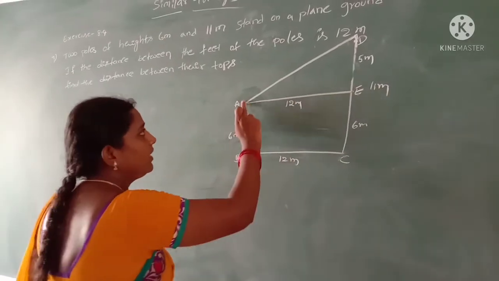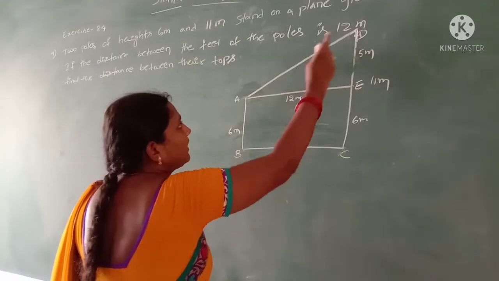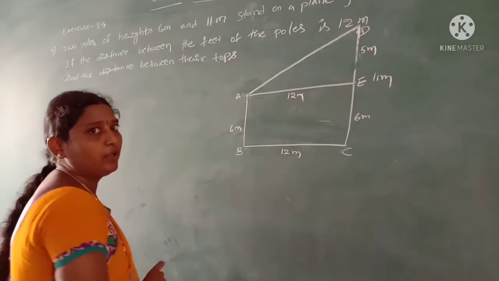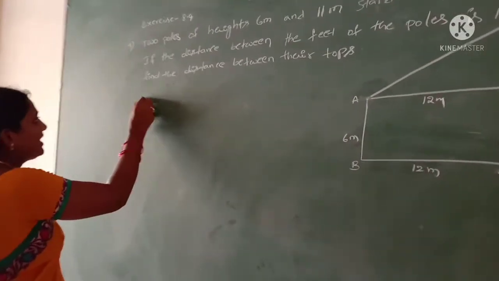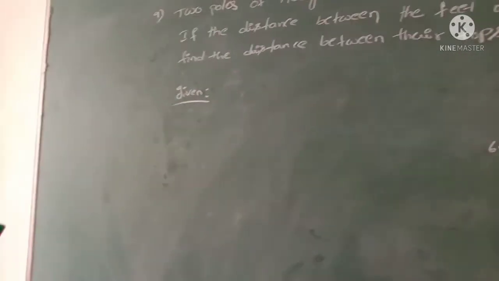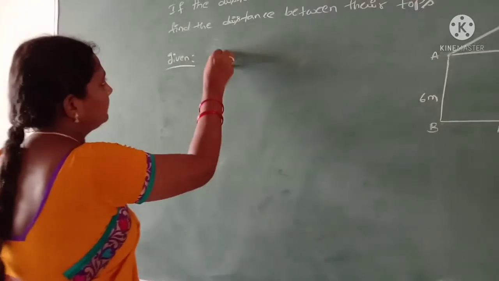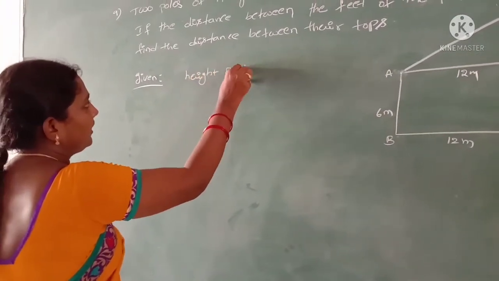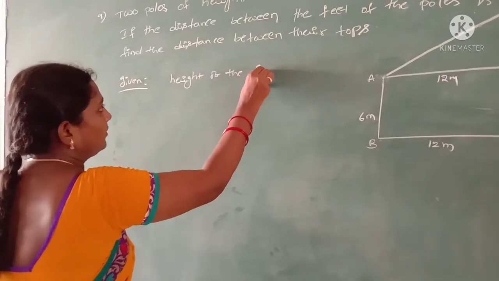Next we find the distance between the two tops. So find the AD value. What is the given? First, height of the first pole.